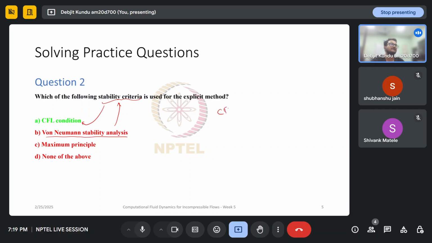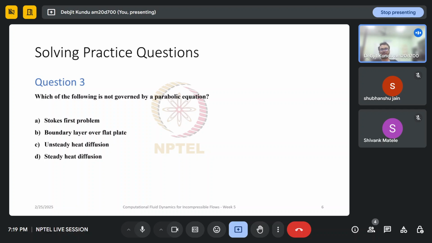CFL stands for Courant, Friedrichs, Lewy. These are the names of the three scientists who worked on this. This criteria governs the limits of an explicit method.